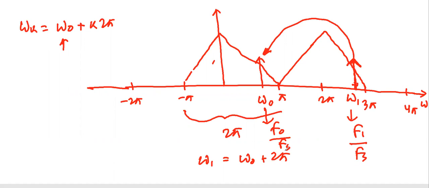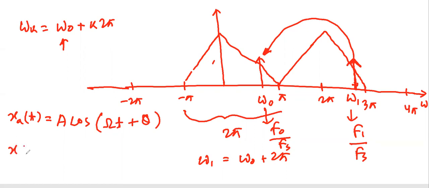Okay, let me introduce this first. From the analog signal, try to follow me. Analog signal, what we can write. So neglect the value of A. A cos omega t plus theta. I start with the very beginning. And then when we have moved it from the analog domain to the discrete domain, we represent it like this: A cos omega 0 n plus theta.